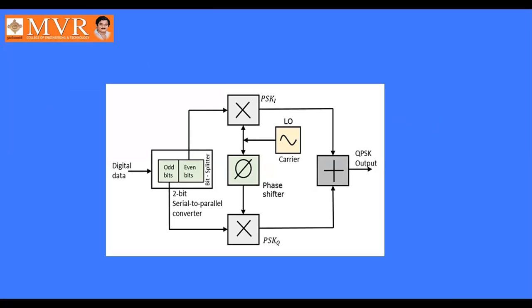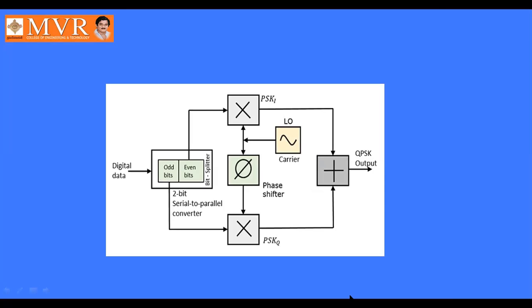This is the QPSK transmitter. In the QPSK transmitter, first we divide the input digital data into even bits and odd bits by using a bit splitter. The odd bits are multiplied with a carrier signal, and the even bits are multiplied with another carrier signal.